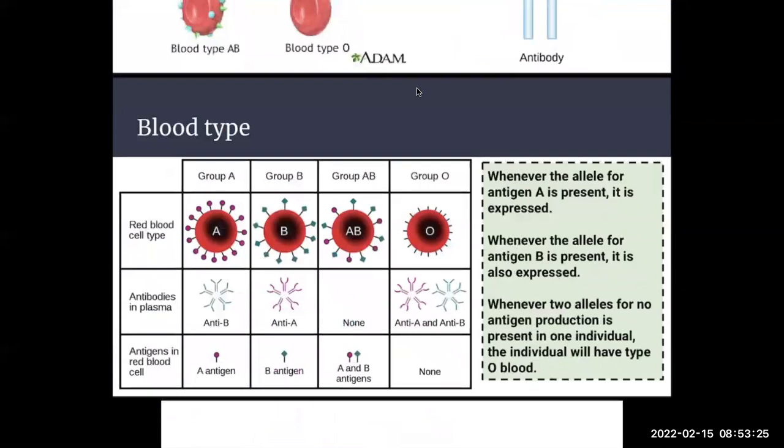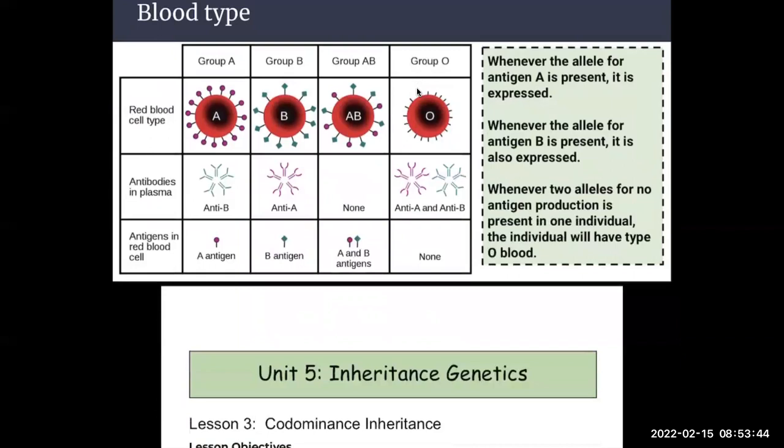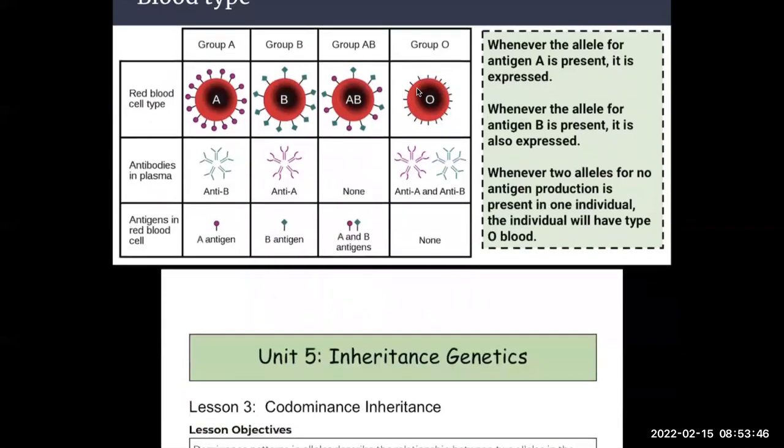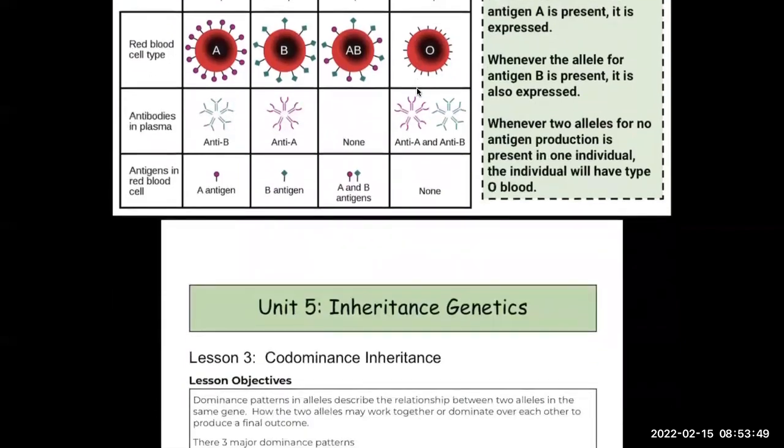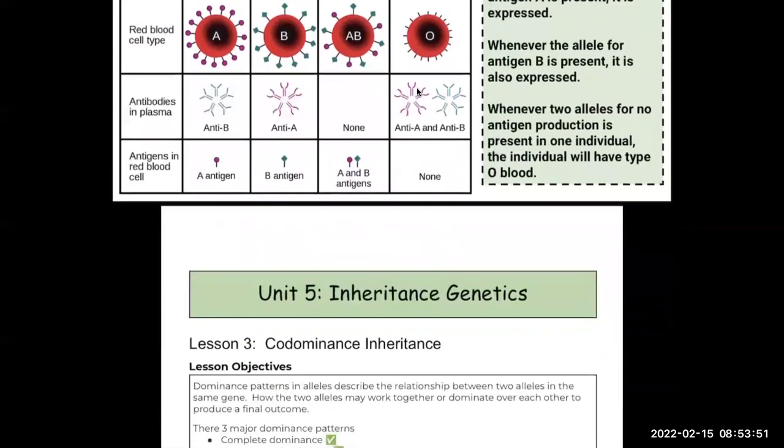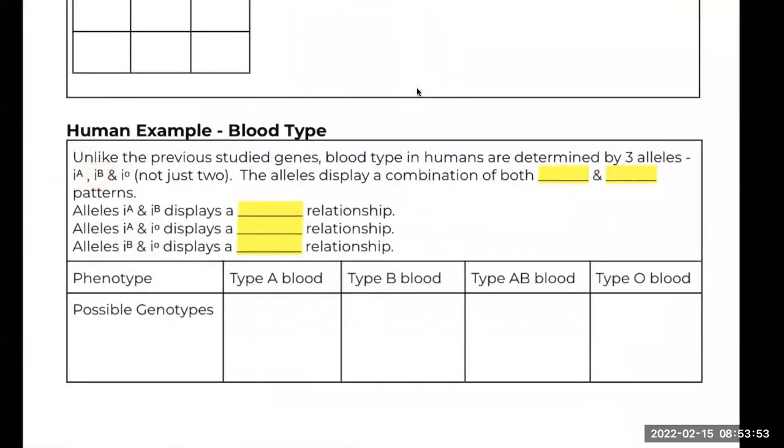When we think about the alleles and the genes and the phenotype, which is the blood type that is in the body, we actually have 3 alleles that control blood type. So here's where they are. The 3 alleles are an A allele, a B allele, and an O allele.